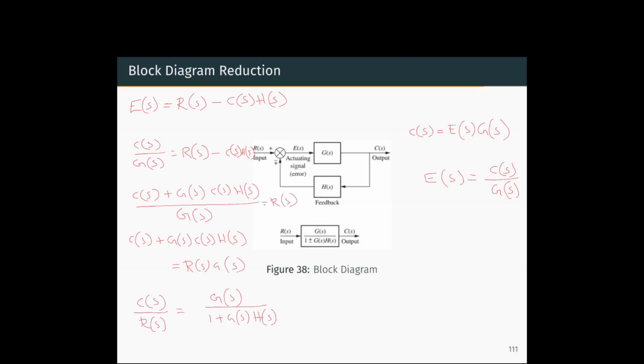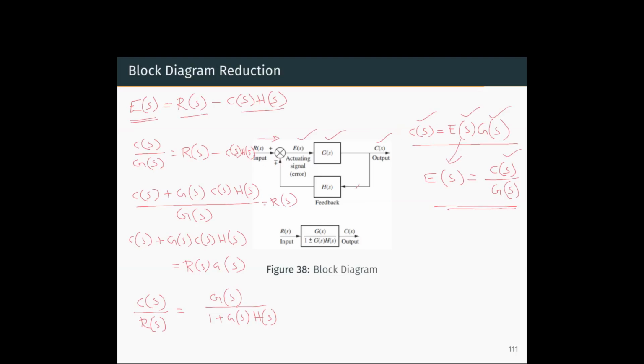So here, as I mentioned earlier, C of s is nothing but a multiplication of E of s and G of s. So E of s into G of s. From this equation, we will get E of s is equal to C of s by G of s. Now here the error E of s is nothing but whatever signal coming here, R of s, minus C of s into H of s.